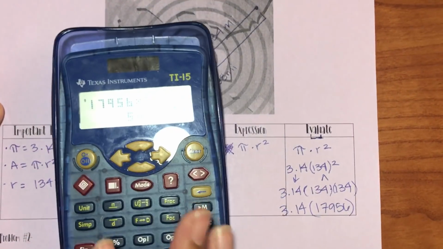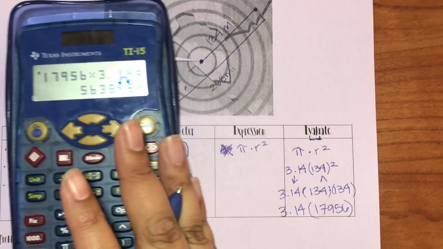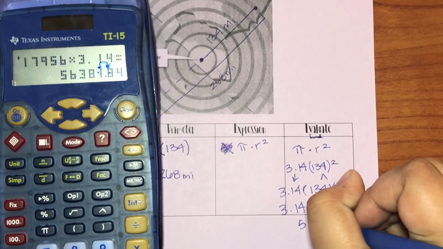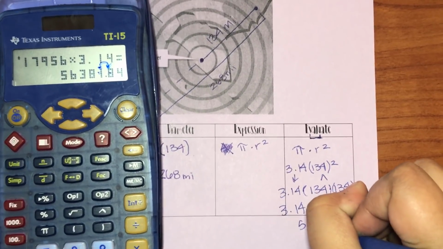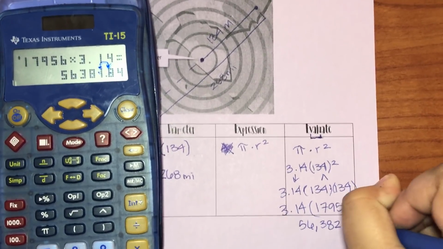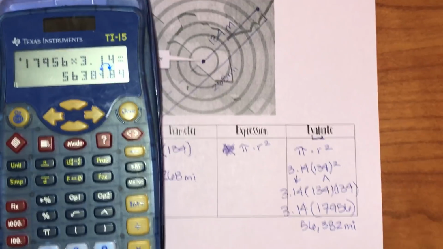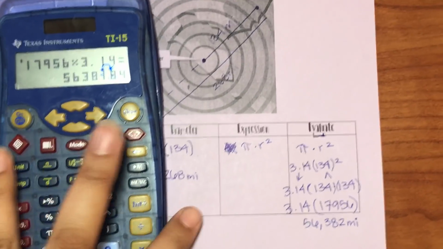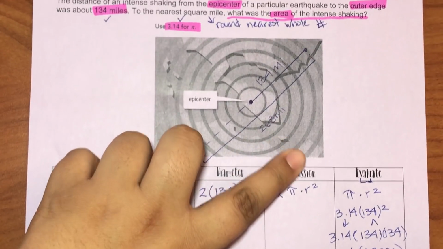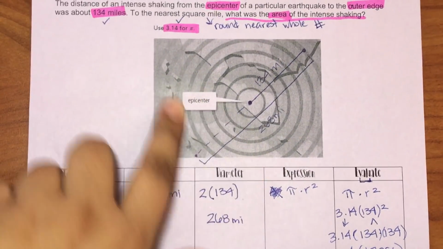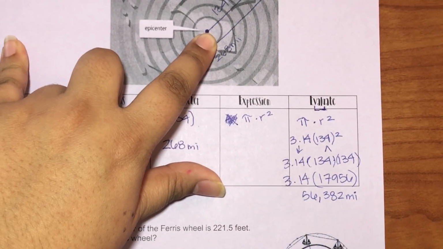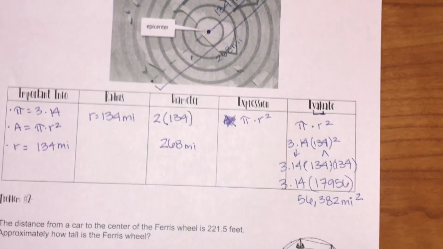So my answer is going to be 56,382 miles. That means that everyone that felt this earthquake was within a span of 56,000 square miles.